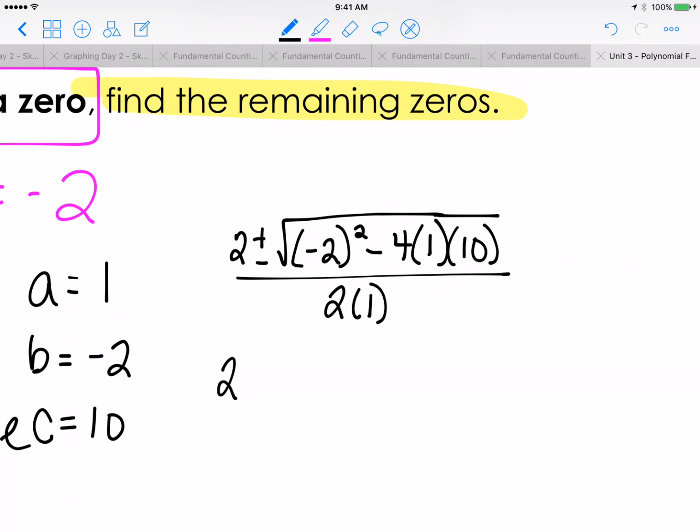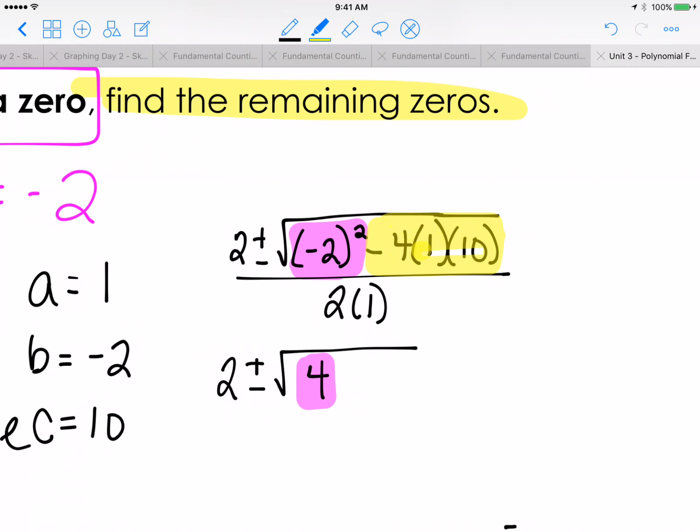So then if we simplify this a bit, we get 2 plus or minus the square root of 4. And you guys, don't miss this on your test, because a lot of you were getting the sign wrong in the middle. If you take this first, that's going to be a positive 4. Now look at this as a whole.